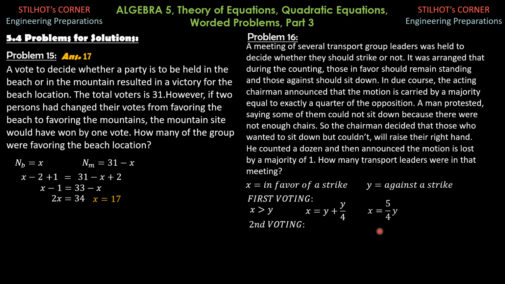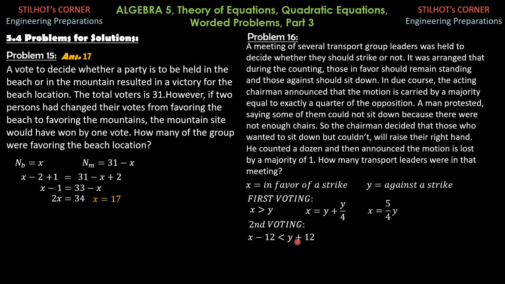Then, during the second voting, for this situation, the opposition won the voting by a majority of one vote only. So the number of votes received by those who are in favor of a strike in this situation is X minus 12, and this is less than, so the other 12 should be on the other side, Y plus 12.